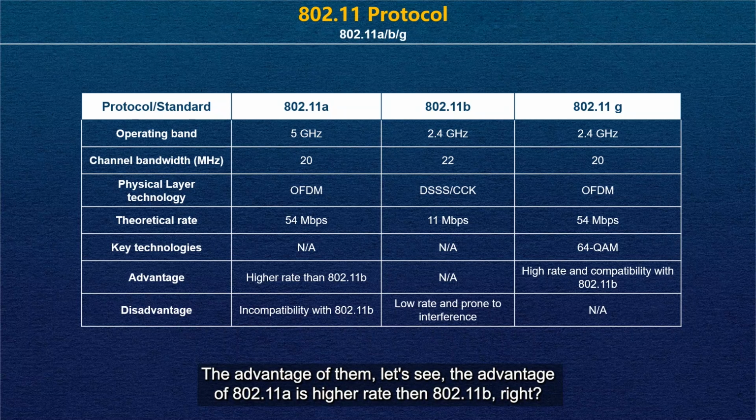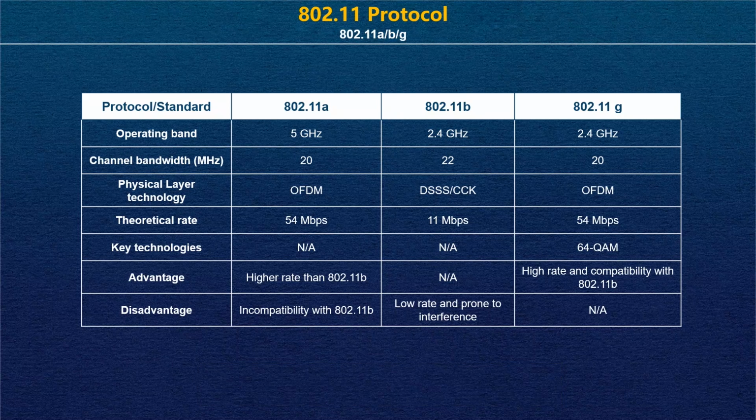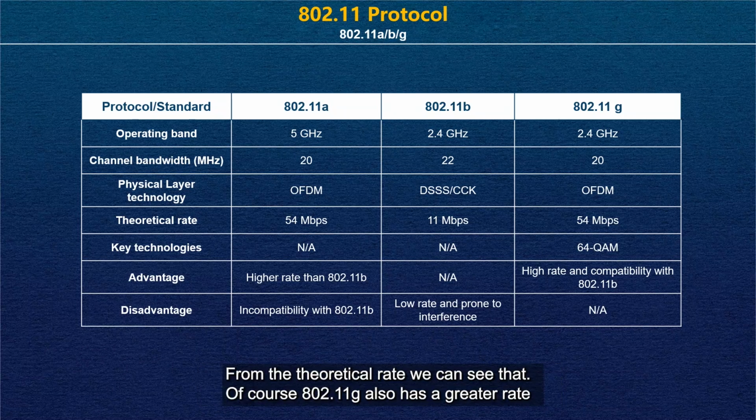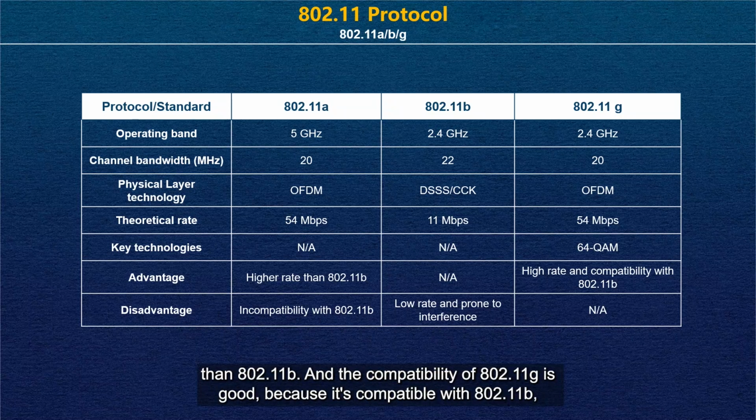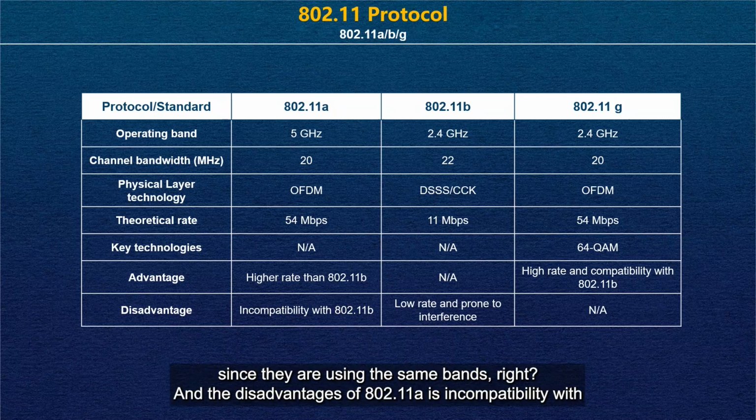Well, the advantages of them, let's see. The advantage of .11a is higher rates than .11b, right? From the theoretical rate, we can see that. Of course, .11g also has a greater rate than .11b, and it is compatible with .11b, since they are using the same band, right?